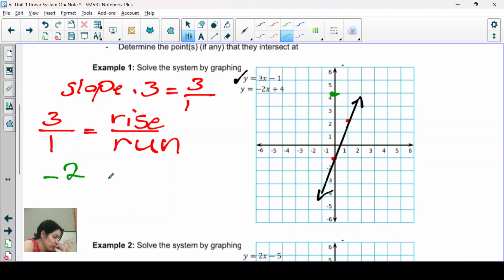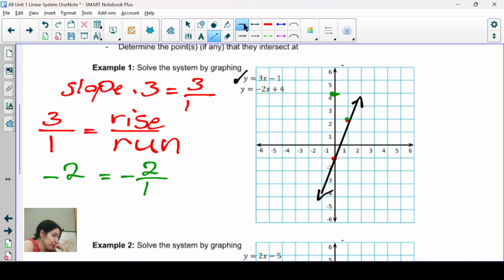Negative 2 equals negative 2 over 1. It rises 2 units. Negative 2 means come down 2 units, run 1, because it is negative: 1, 2, and 1. It's going to be this point.